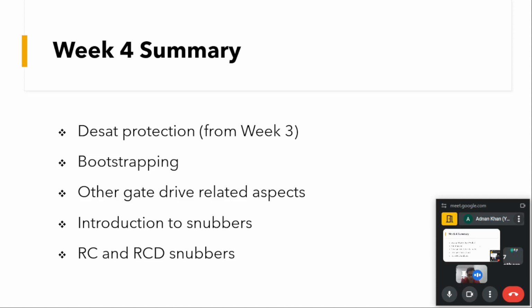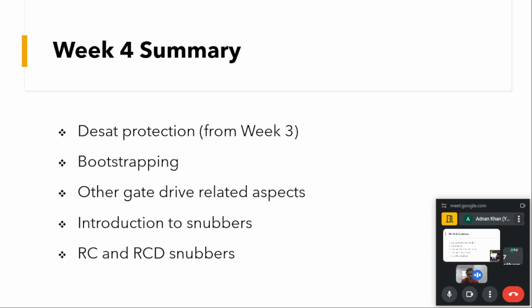After that, what had been introduced is the snubbers, and why we need the snubbers, what are its advantages, and so on and so forth. Then different types of snubbers were discussed, like RC and RCD snubbers, during the course.